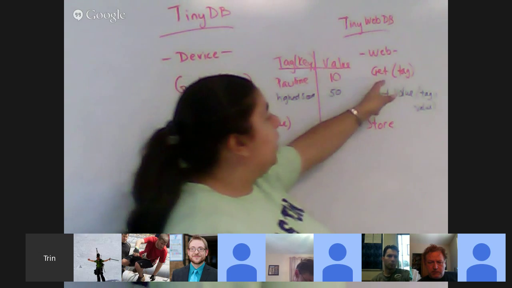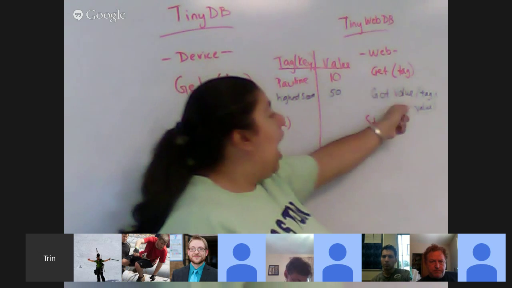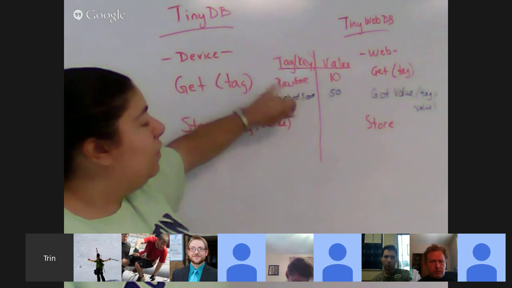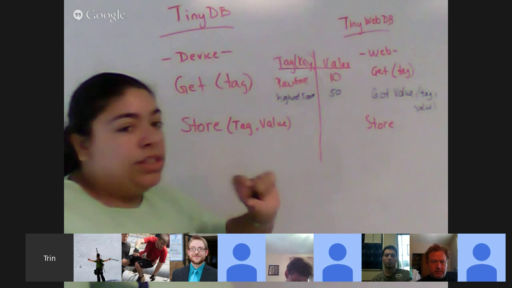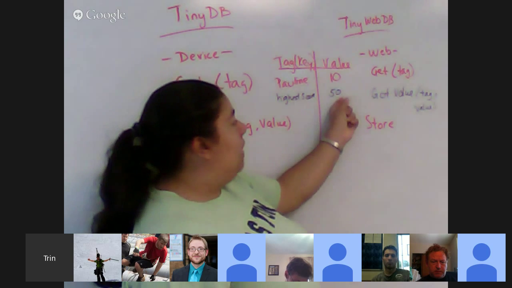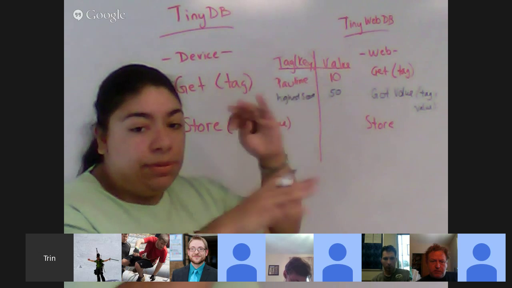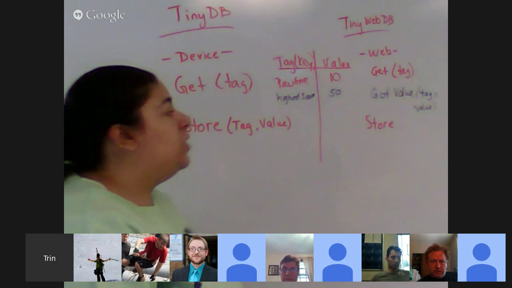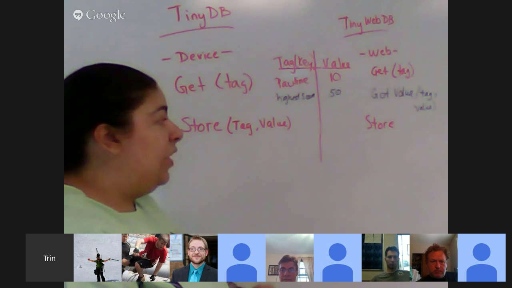So I could say, get Pauline, get highest score, and then in GotValue, I can say, okay, let's check to see if the tag is Pauline, save this value under her score label. If the tag was highest score, save this value under the highest score in the world's label, right? So two different labels, one for the user and one for the highest score in the world. So it helps you differentiate between different tags that come back with different values.